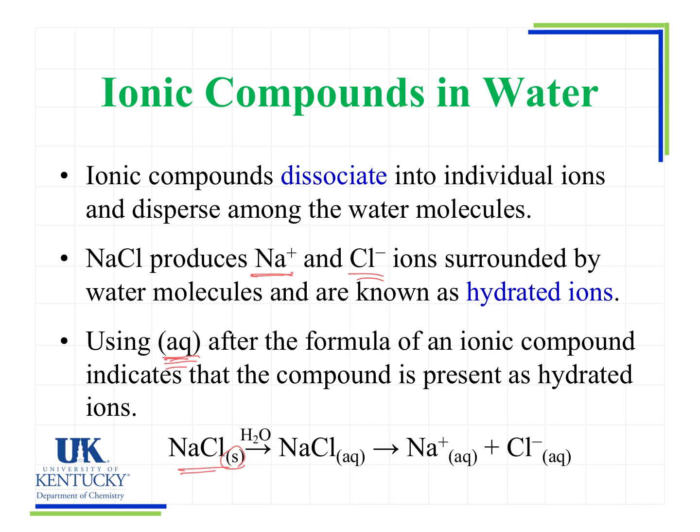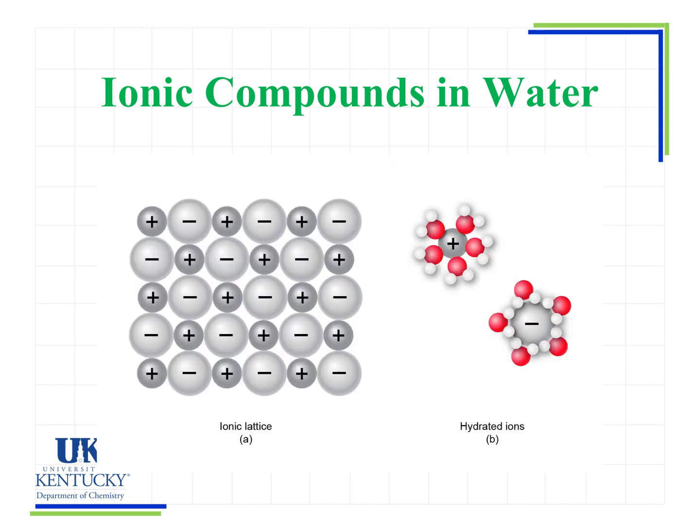When you add water to it, it's now NaCl aqueous, so you write (aq) after the ion. Basically it's sodium cations aqueous and chloride anions aqueous. That's how it is in the solution.